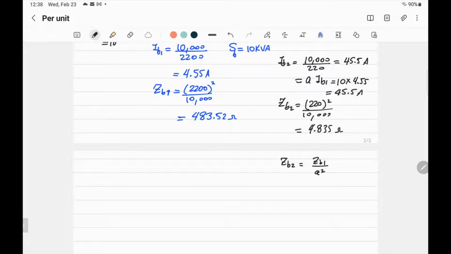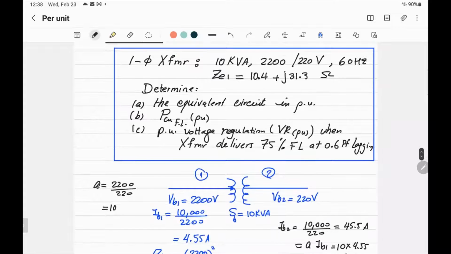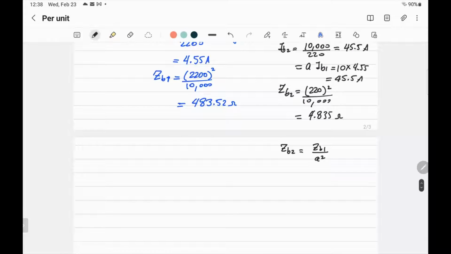So I'm ready. Once you have the bases, you are ready to start solving the problem. So the first thing in this example is that we need to find the equivalent circuit. What do they mean by equivalent circuit? The equivalent circuit will be like that. You have resistance, you have reactance, and that's it.